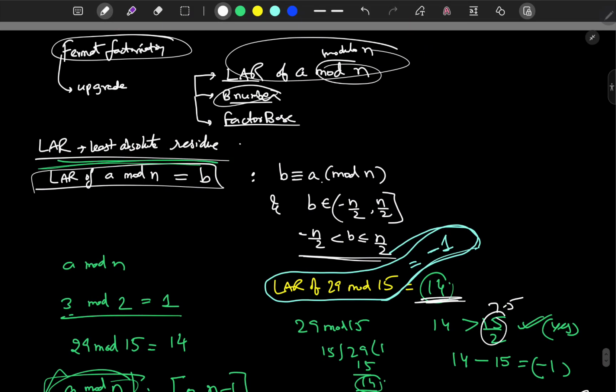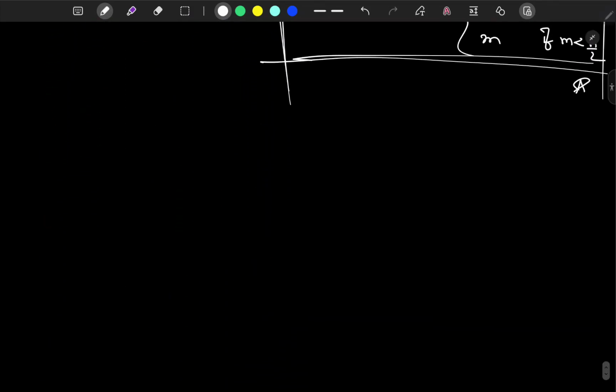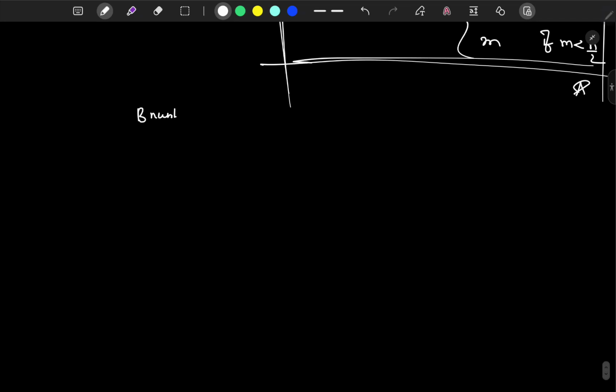What is a B number? So for a given n, let b be a B number, small b.